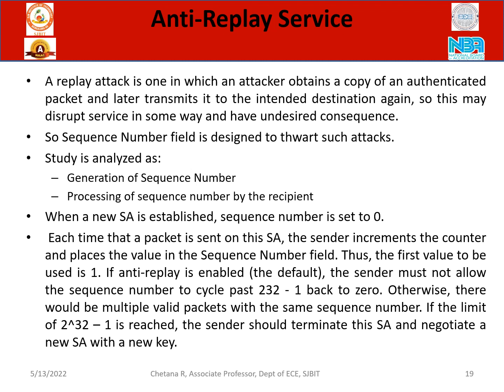It shouldn't go back to 0, because it becomes very easy to do the replay attack then. It should give an overflow message or a beep signal telling that it has crossed the limit. Otherwise, there would be multiple valid packets with the same sequence number. If the limit of 2 to the power of 32 minus 1 is reached, the sender should terminate this SA and negotiate a new SA with a new key. So these are all the steps which have to happen, and they are taken care of by the software.